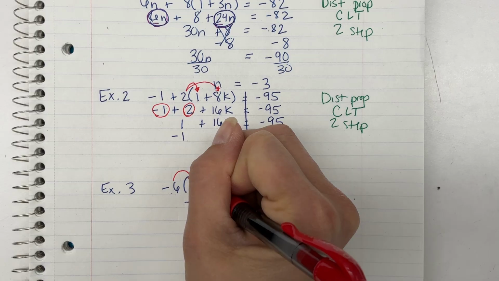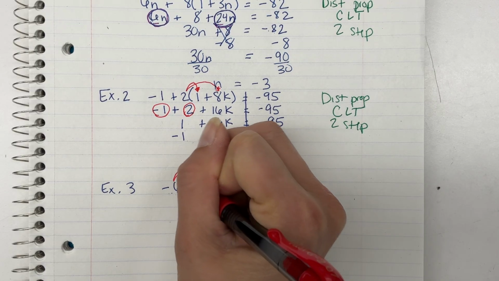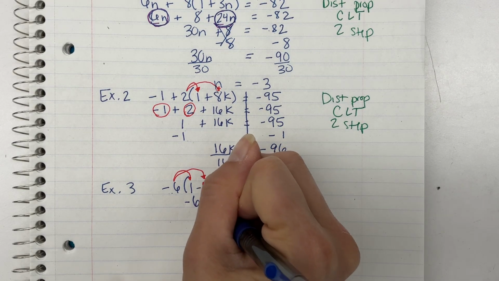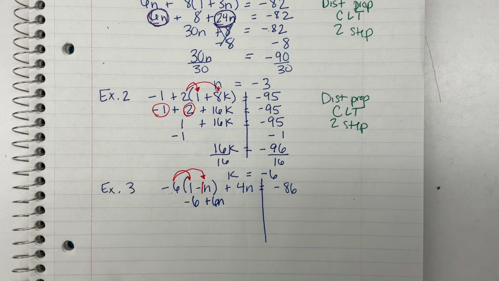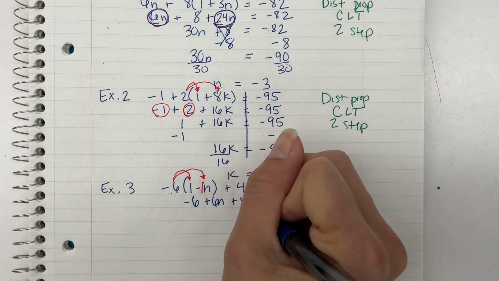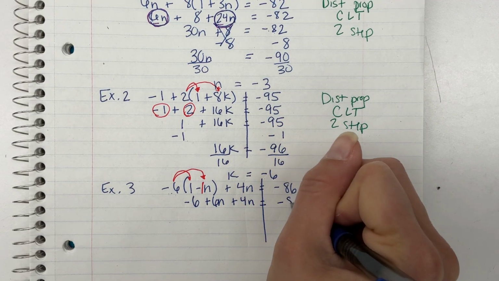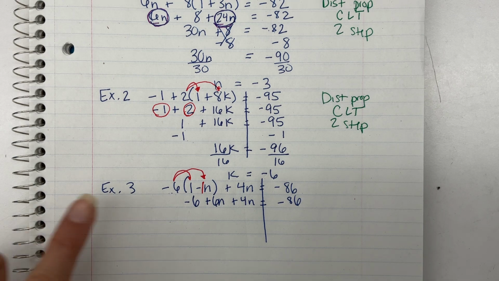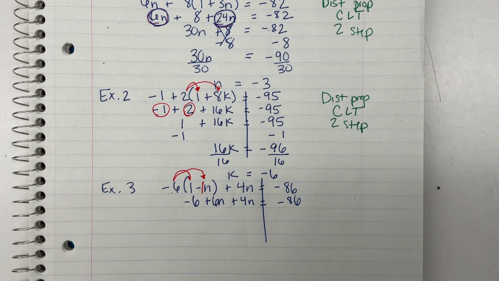So -6 times 1 gets me -6. -6 times -1n, and negative times negative is a positive. So we have a positive 6n. Then we're bringing down 4n is equal to -86. Hopefully you got that right. If you didn't, maybe you forgot that there was a 1 in front of that n. Maybe you forgot a negative times a negative is a positive, but you learn from your mistakes.